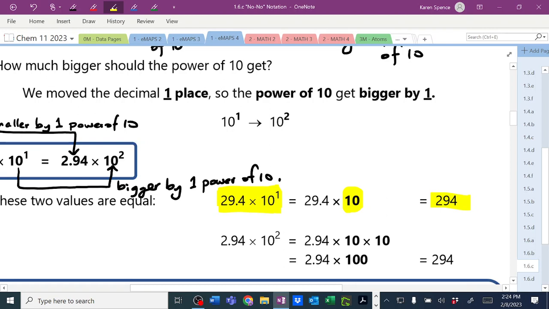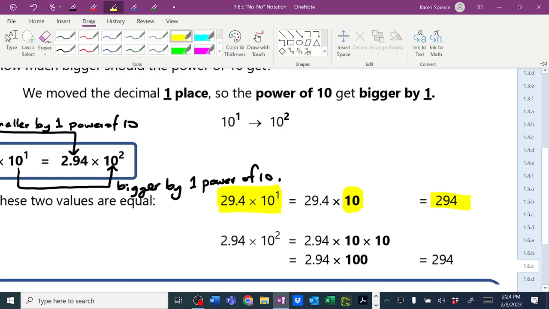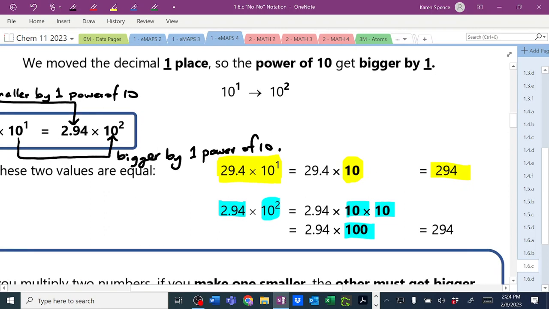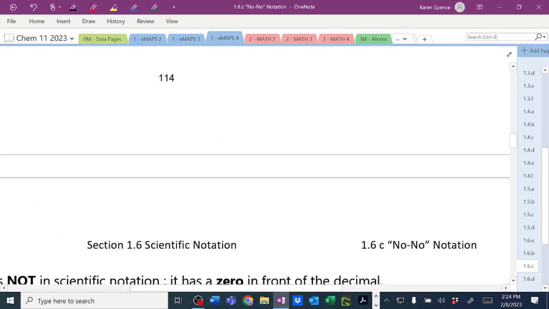We take our other version of the number, the one in scientific notation, 2.94, and we have 10 to the 2, so that's 10 times 10, which is times 100. 2.94 times 100 is also 294. So we can prove to ourselves that in fact they are still equal once we've moved the decimal place and changed the power of 10. Okay.